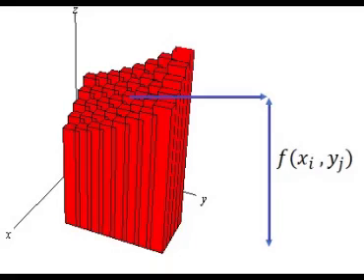Each of these rectangles has a base area of delta A and a height of f of xi, yj.